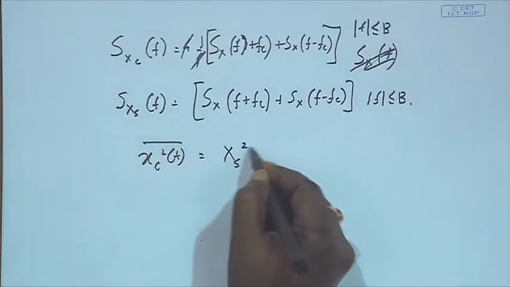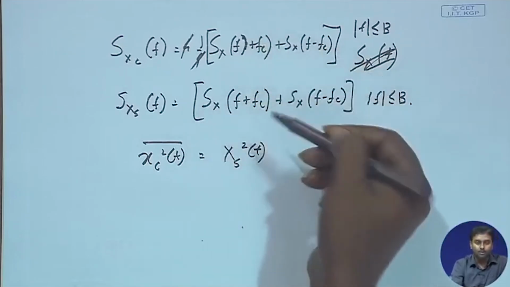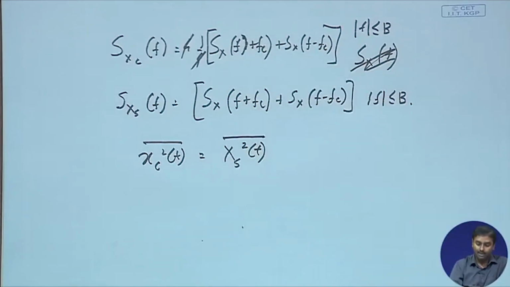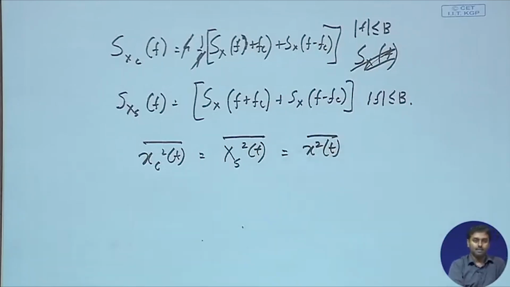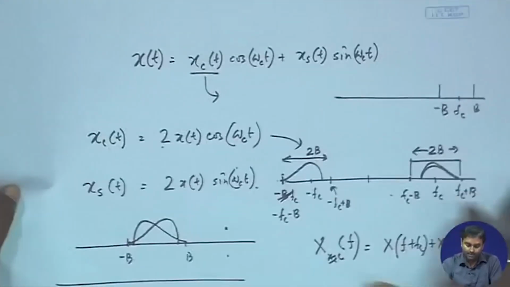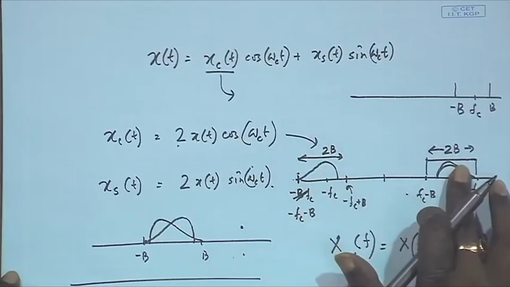Similarly, xs squared(t) also has, because they are having similar power spectral density, the same power. Not only that, this is also the same as this, because think about these two power spectral densities. So, if I just go back to this example, what is happening? The power spectral density of this one will be this plus this.